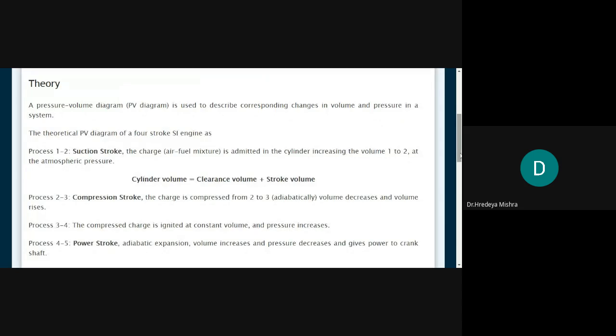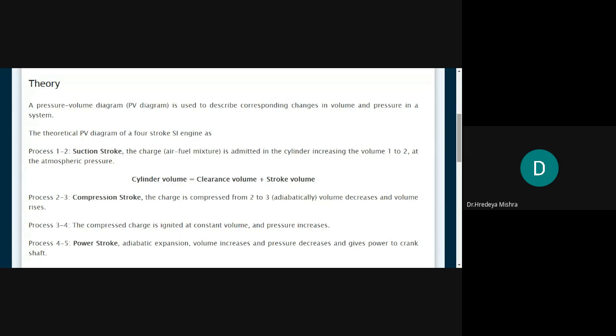A pressure volume diagram, PV diagram, is used to describe the corresponding change in the volume and the pressure in a system. It shows the changes with respect to time.